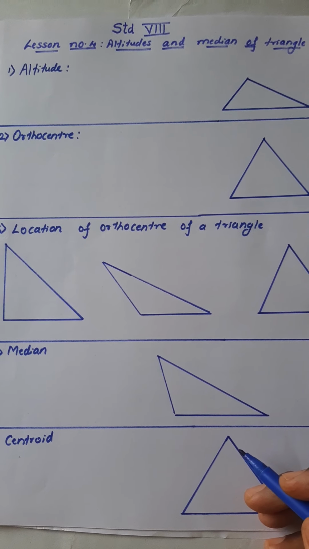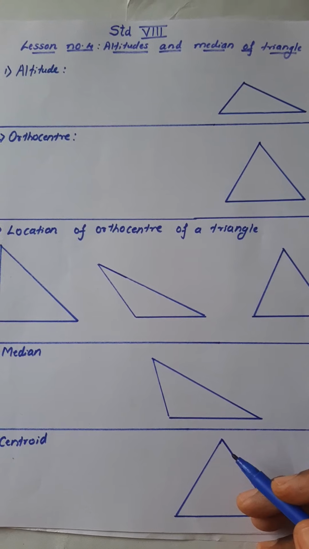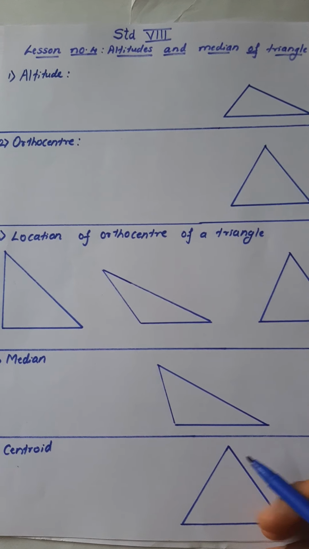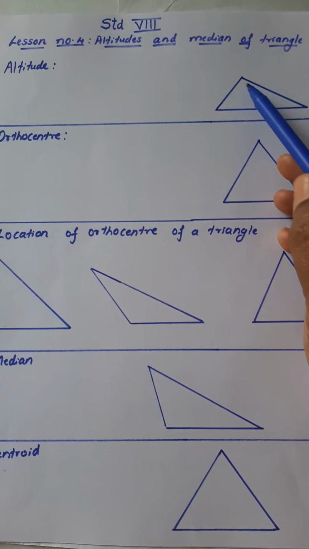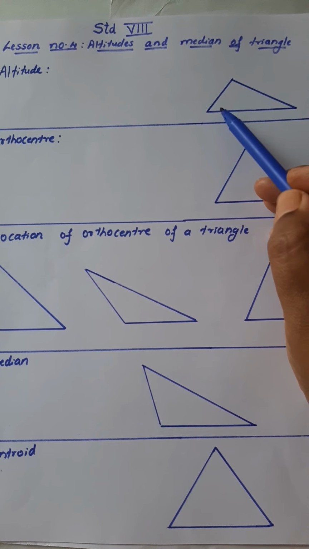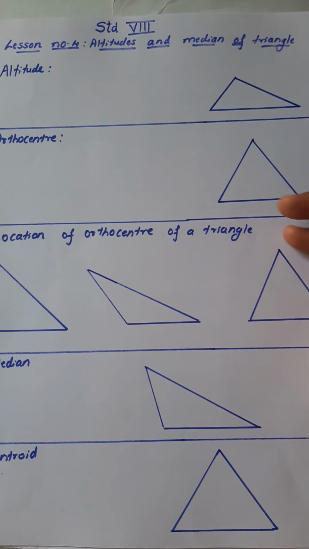Number 1, first it is an altitude. What do you mean by altitude? I will tell the definition. The perpendicular segment drawn from the vertex of a triangle on the opposite side is called an altitude.